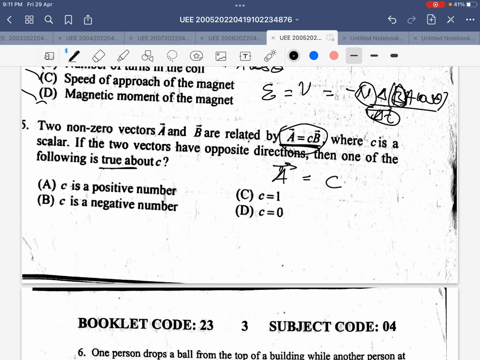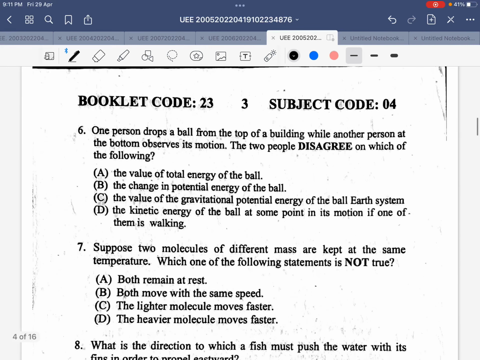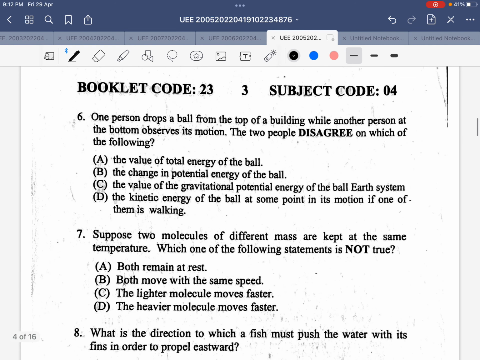Vector A is equal to scalar C times vector B. Then we are asked to identify the true statement. They have opposite directions, clear? Therefore, if they are opposite in directions, C has to be negative, clear? C is a negative number. The answer is B.